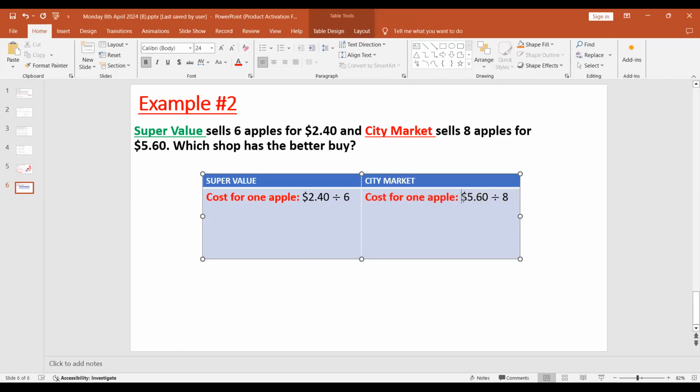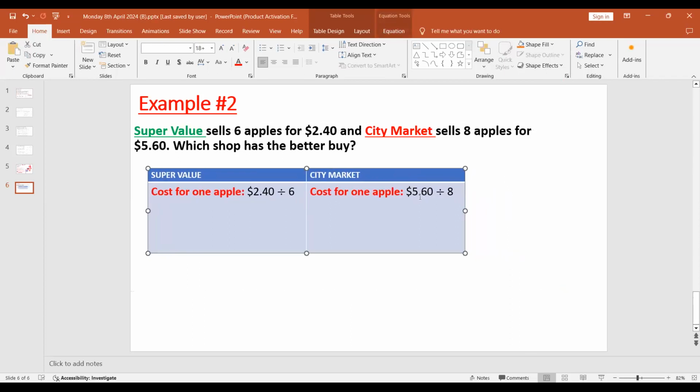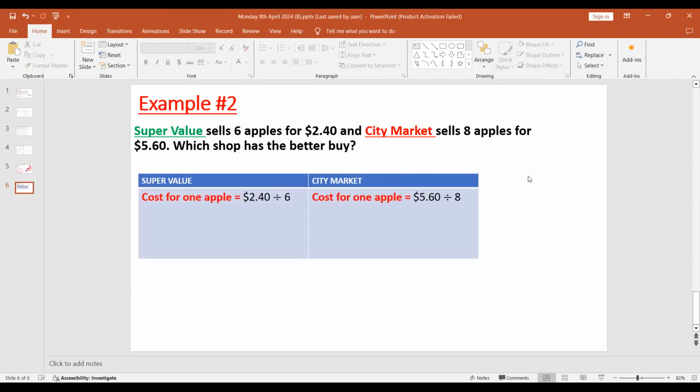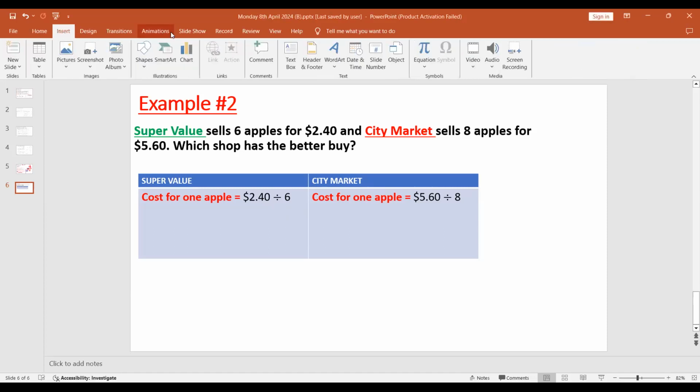Okay, so how are we going to do it? Let's divide. In order to find the cost for one apple, I have to put the equal sign. All right, so let's divide it. We have 240 divided by 6.